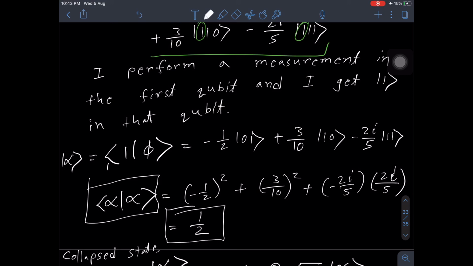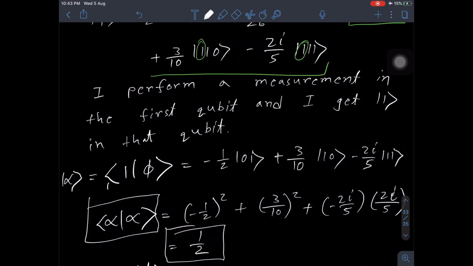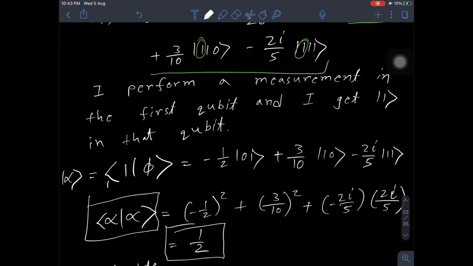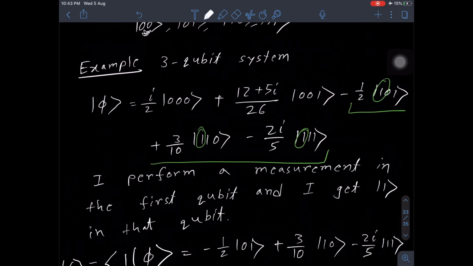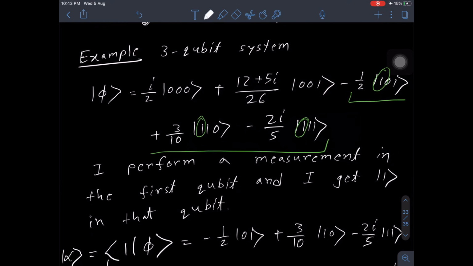So before measurement, if we know the state, we can say that if we do a measurement, the probability of getting 1 in the first qubit is half, and that is what was said explicitly in the Born rule. So what's the idea? Whenever you have a multiple-qubit state like this, what is the probability of getting, let's say, 0 in the second qubit?